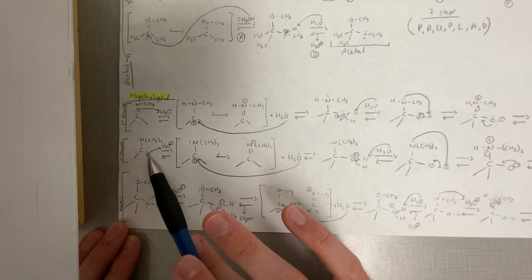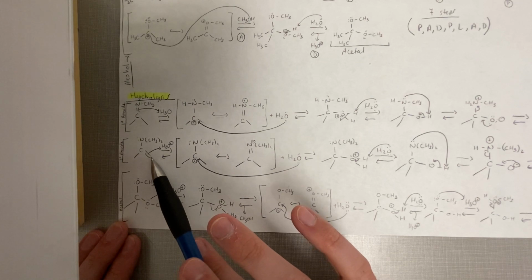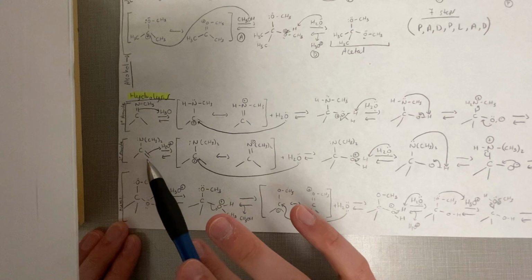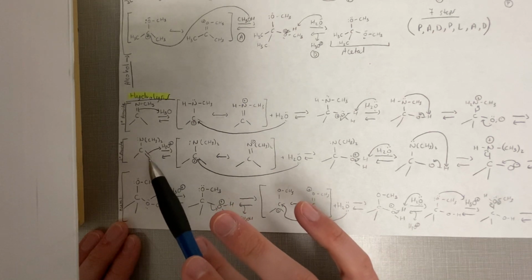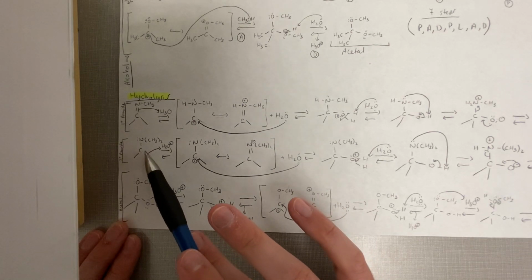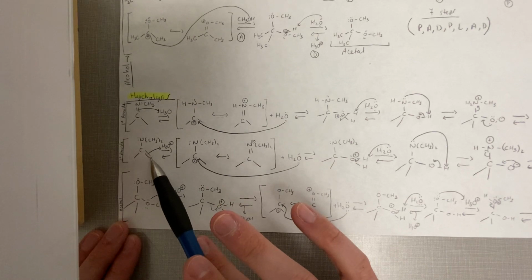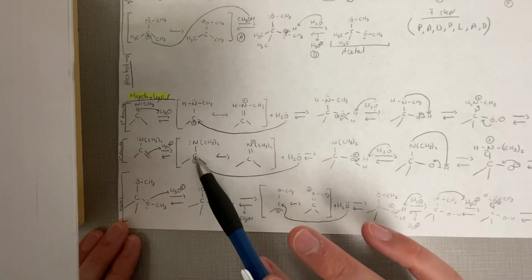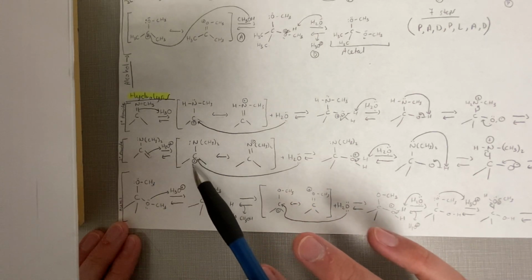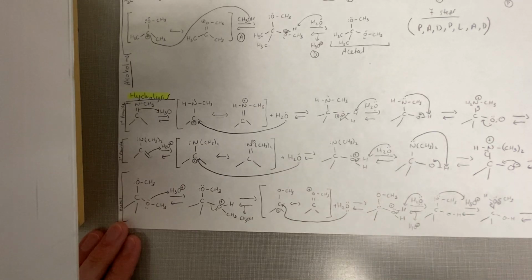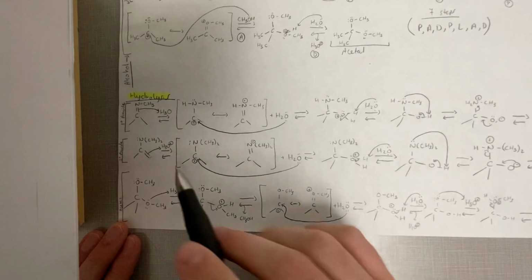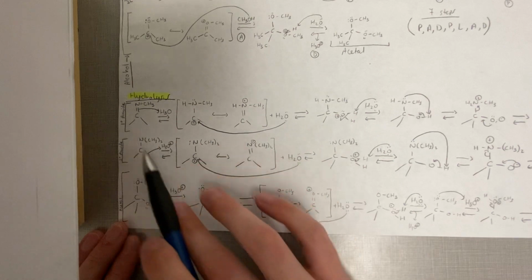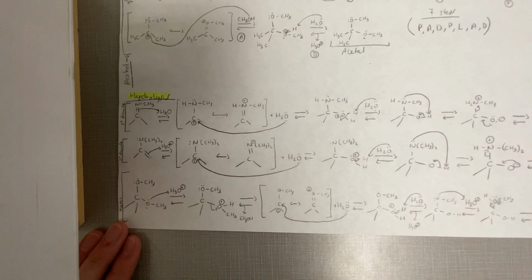In this case here, the proton is going to attach to this end of the double bond, so we can also have a positively charged carbon through resonance. So this is really the only step that differs between amide and amine.